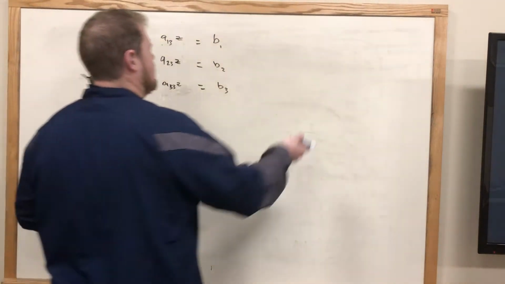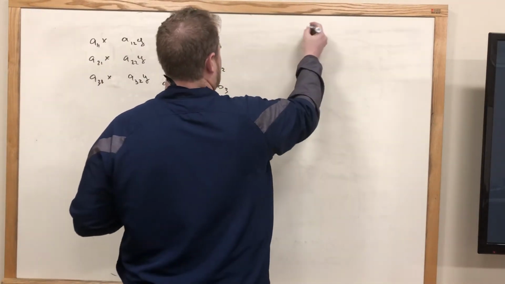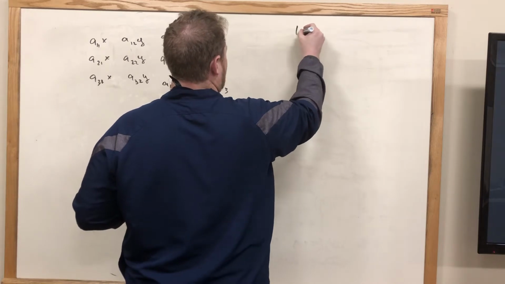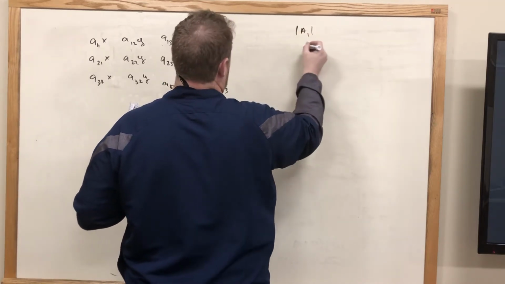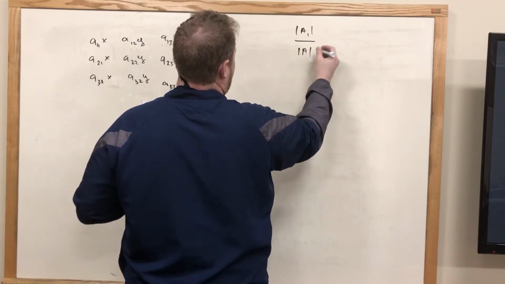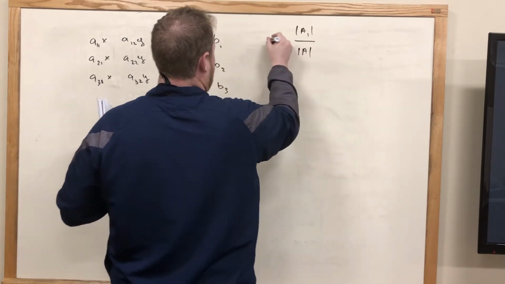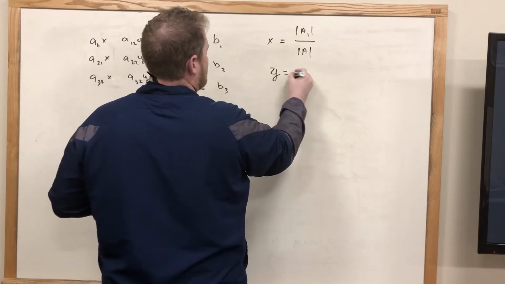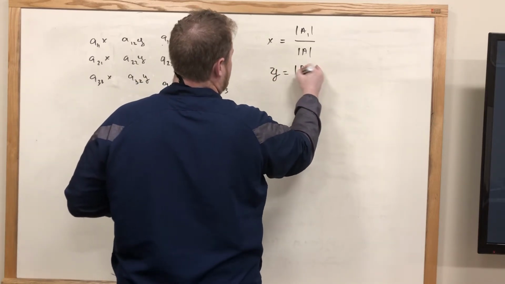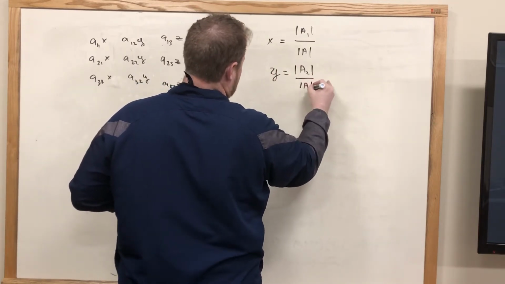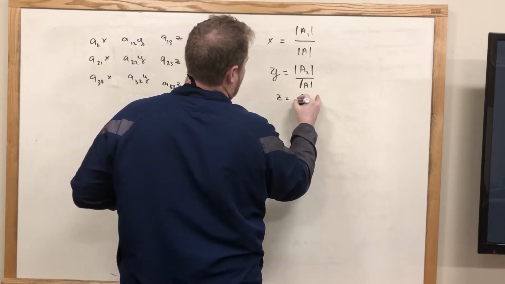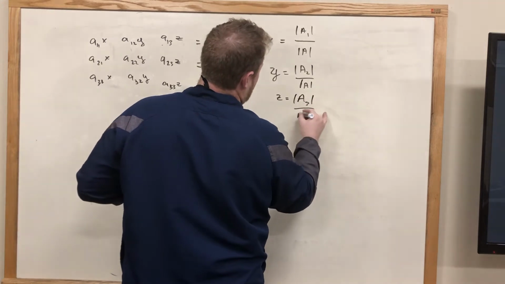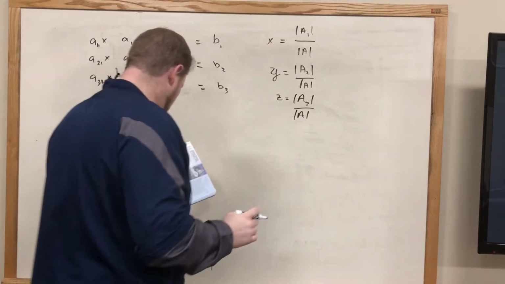He determined that the determinant of A1 over the determinant of A would equal your x value. Your y value would equal the determinant of A2 over the determinant of A, and z would be A3 over the determinant of A. I'll show you what he meant by A1, A2, A3.